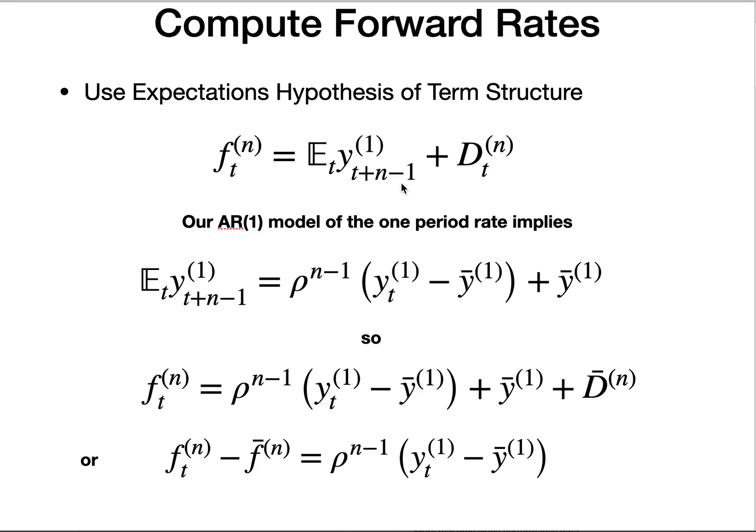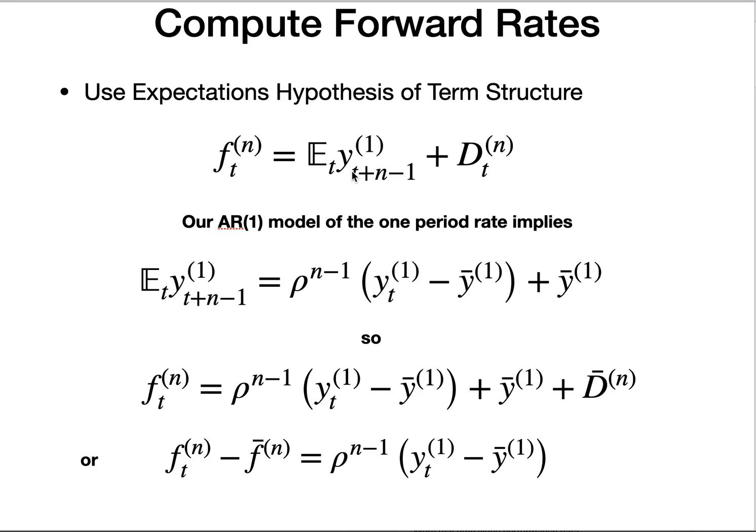So we can use our econometric model to calculate this term. This conditional expectation is our estimated coefficient rho raised to the power n minus 1 times the difference between the 1-period interest rate at time t and its unconditional mean. So this we observe at time t, we've estimated this parameter, and of course we can add back in the mean. So this gives us that value.